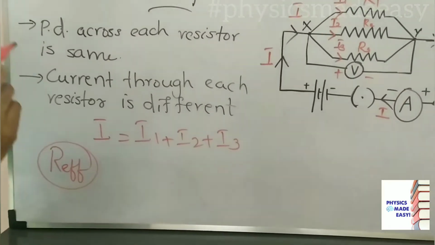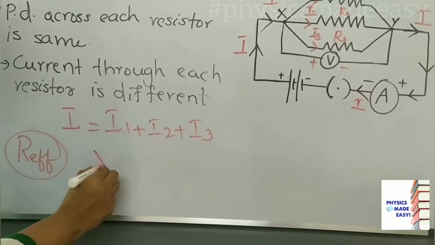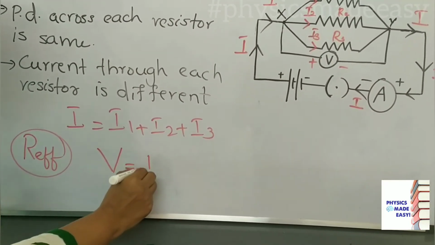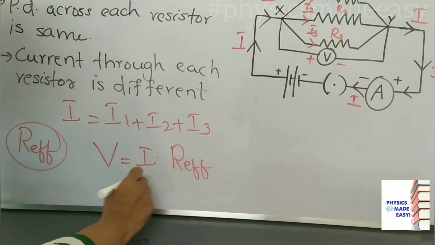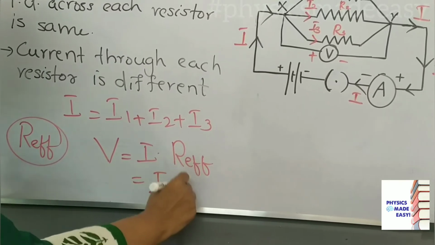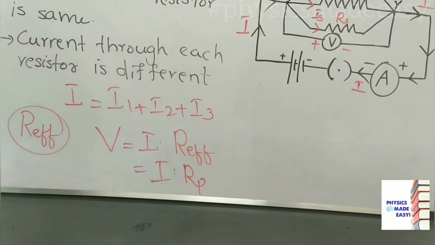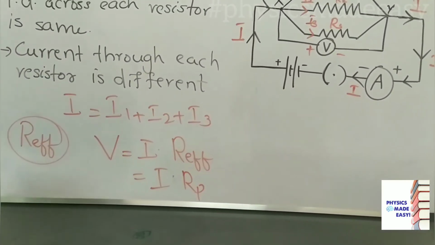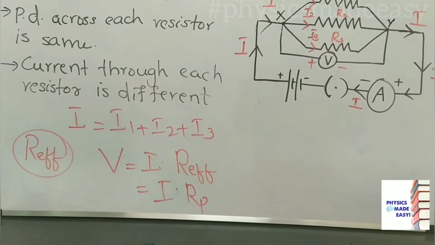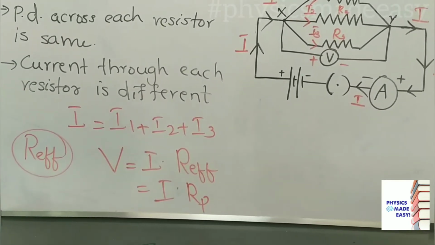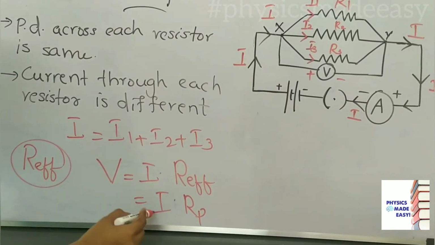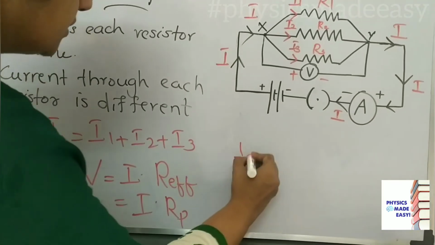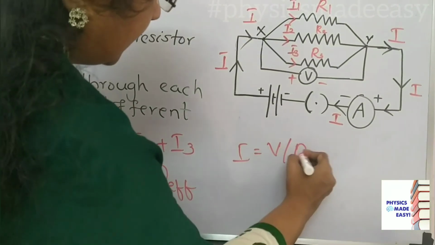So by using Ohm's law, we can write V is equal to I into R effective, or I am going to write that as I into RP. This is parallel combination, so I am going to write like this: V is equal to I into RP. Like this way we can write some other equations also. Here children, here we can write from this I is equal to V divided by RP.